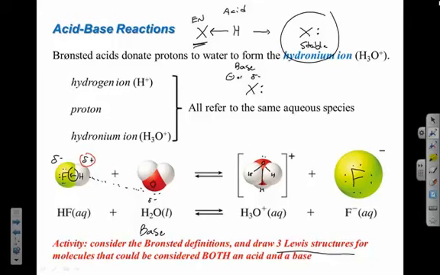So there are lots of molecules that could act as both an acid or a base, right? Water is one of them. Water has this feature here, the OH. That makes this hydrogen acidic. But it also has the oxygen with a lone pair and a partial negative.